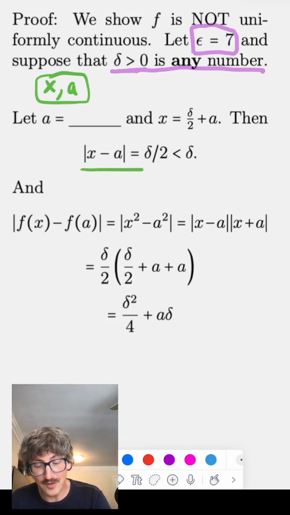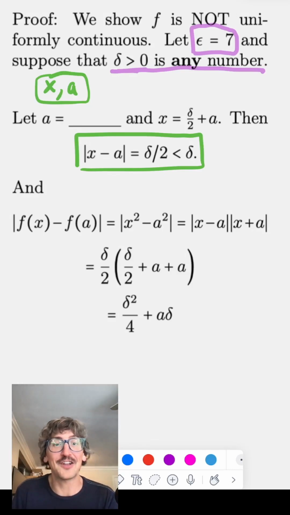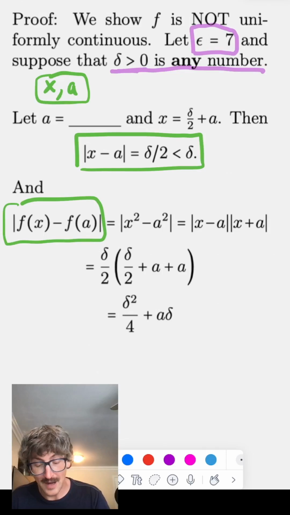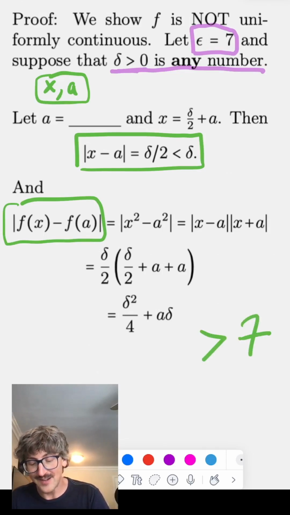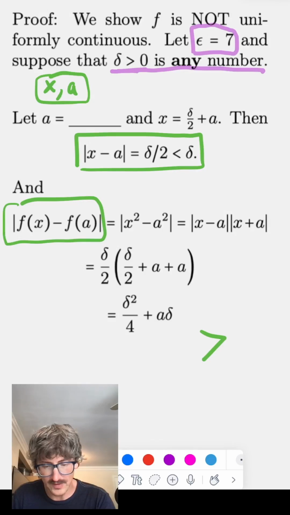And I promise you that the distance between those inputs is less than delta. I'll explain where they come from in a second. But I'm going to convince you that the distance between their outputs is greater than 7. In other words, it's greater than epsilon. And so this cannot be a delta that works in the proof. And so let's see how that works.